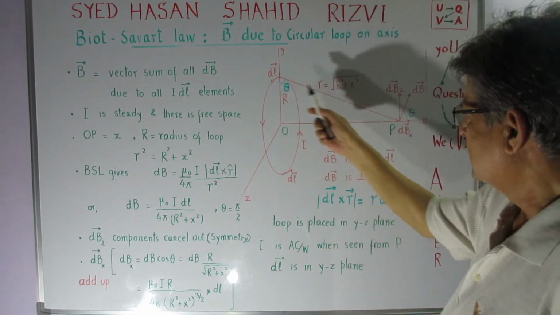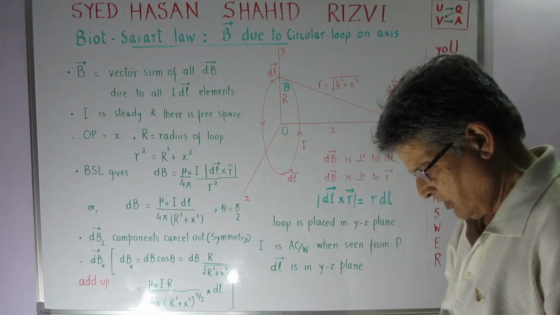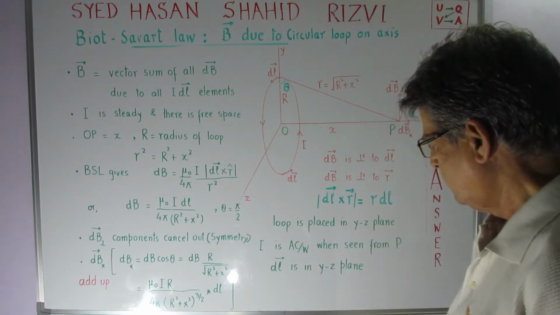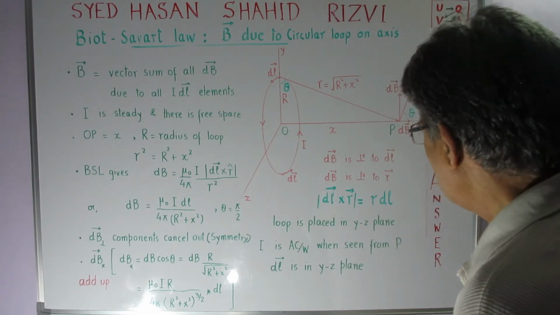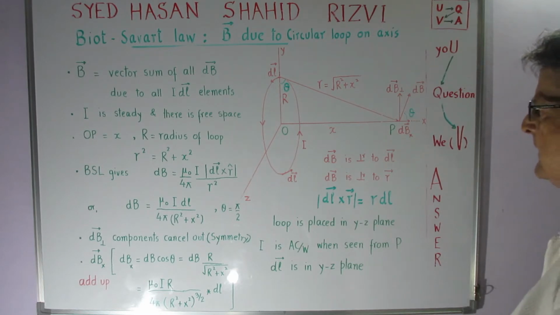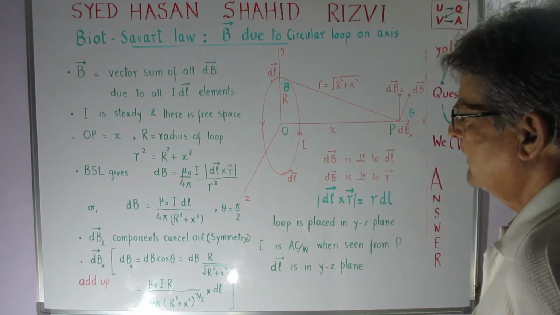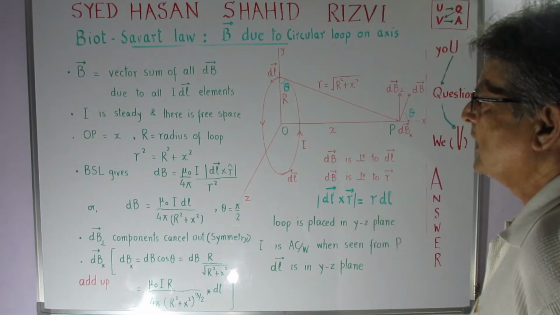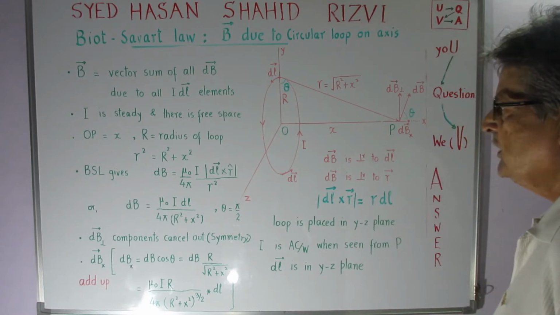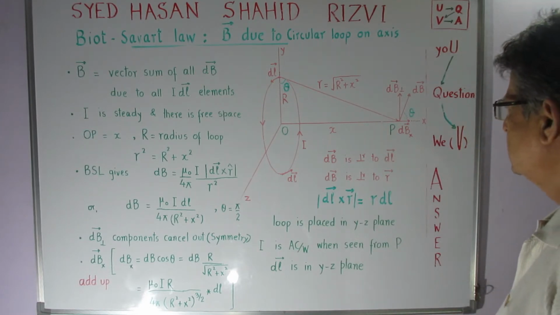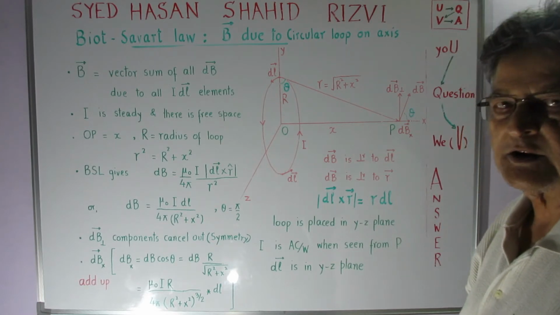r and dl are contained in a certain plane. Then we use the Biot-Savart Law to see what will be the net magnetic field.